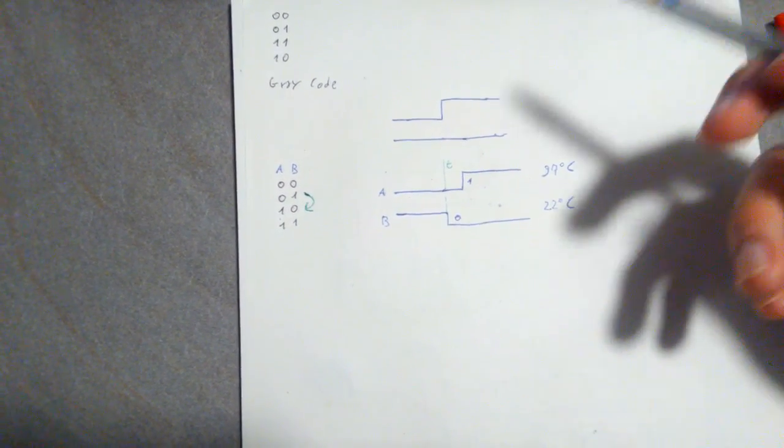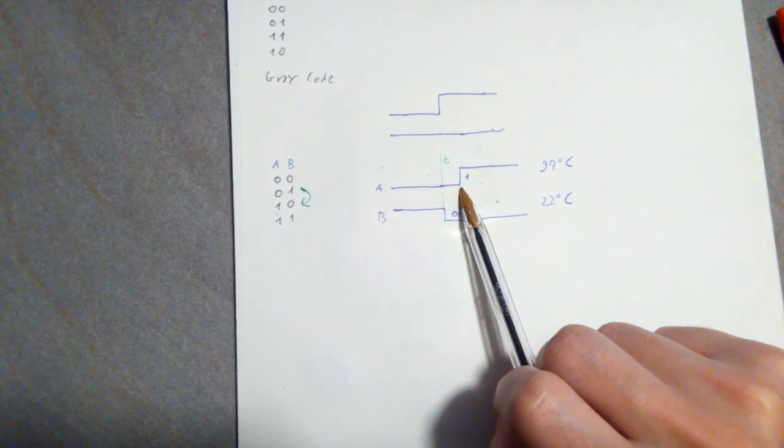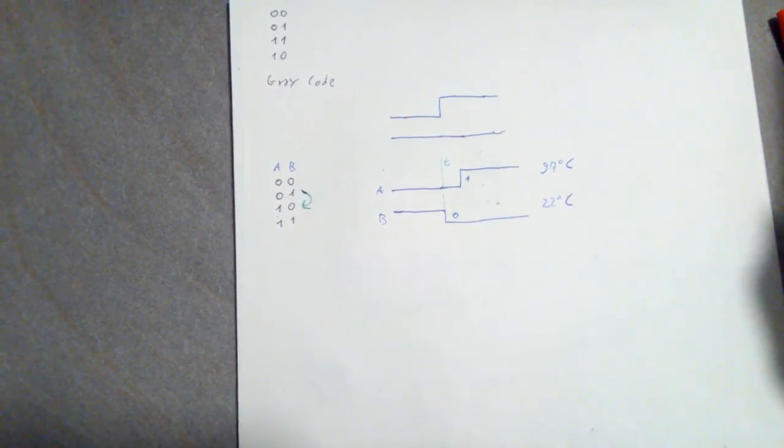So different temperature, different behaviors, and A changes slightly later. It has a delay.